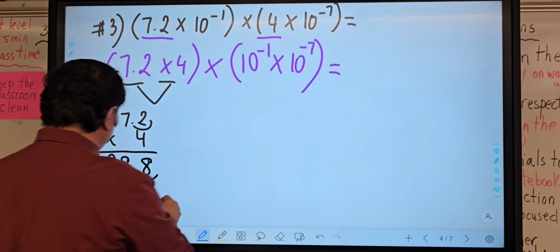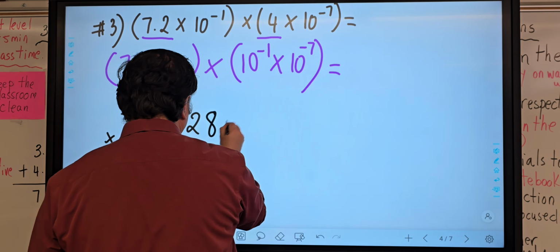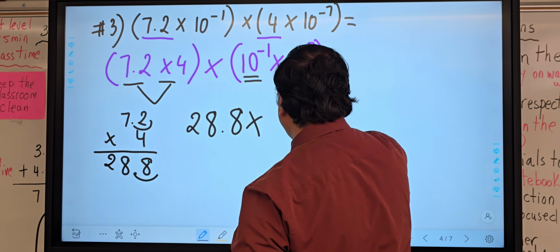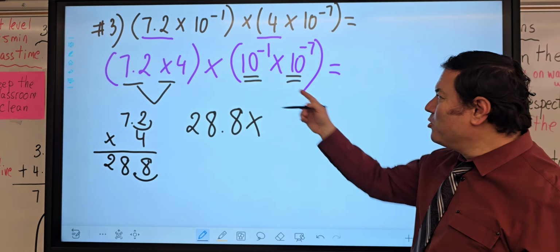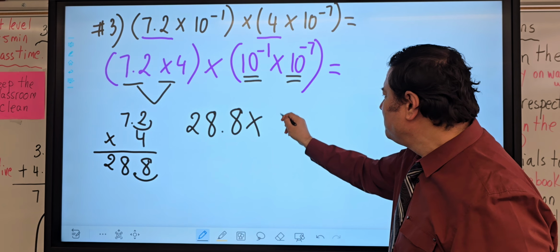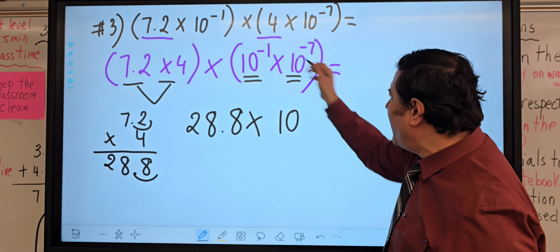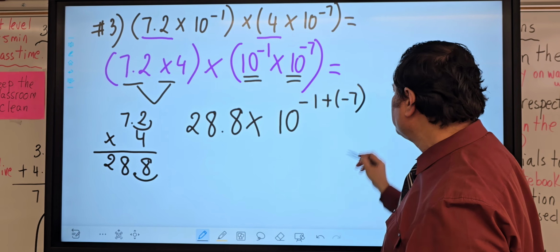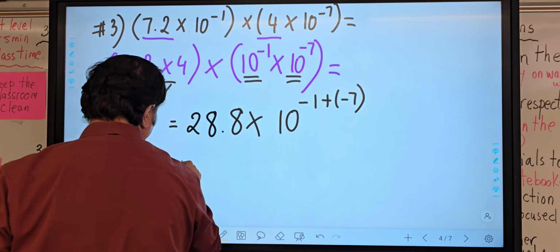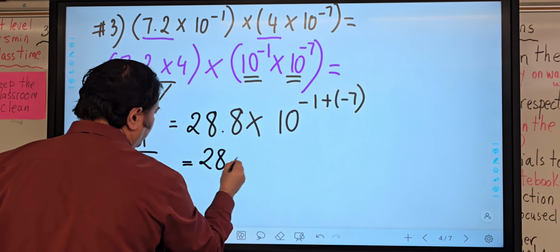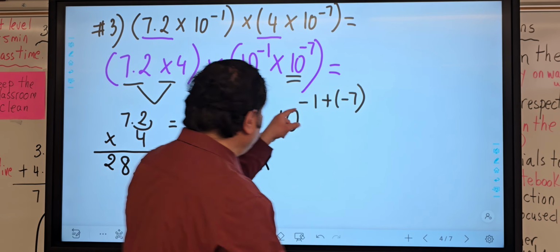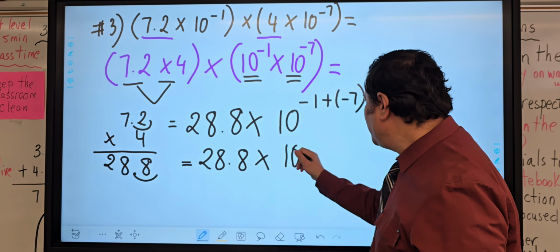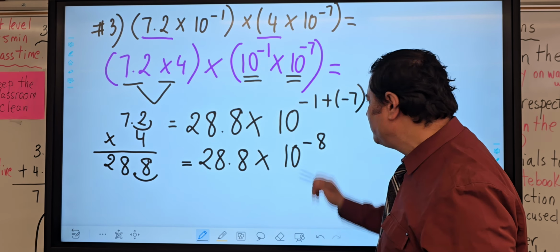And this becomes 28.8. 28.8 times, and remember, if we have the same base, one of the rules of exponents, keep the base, which is 10, and add the exponents, negative 1 plus negative 7. So we have 28.8 times 10 to the power of negative 8.